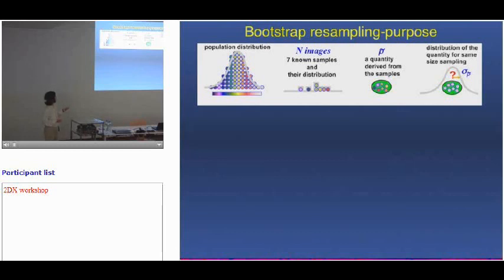What we are trying to estimate is the distribution of that quantity, to find out what its variance is if we have done this measurement many, many times. In other words, if I were doing this with the whole population, what would the distribution be? That's the ultimate goal.